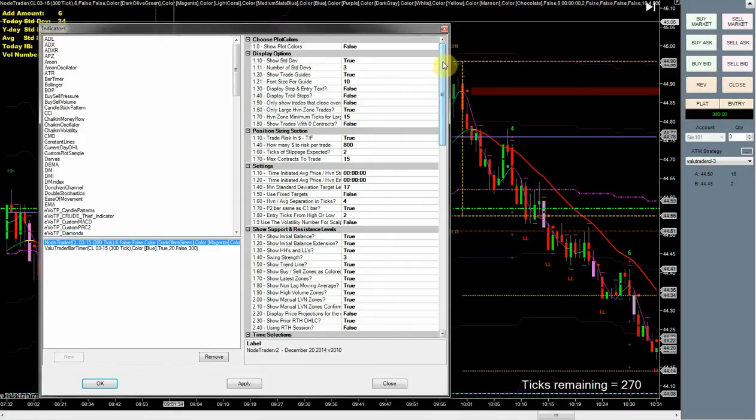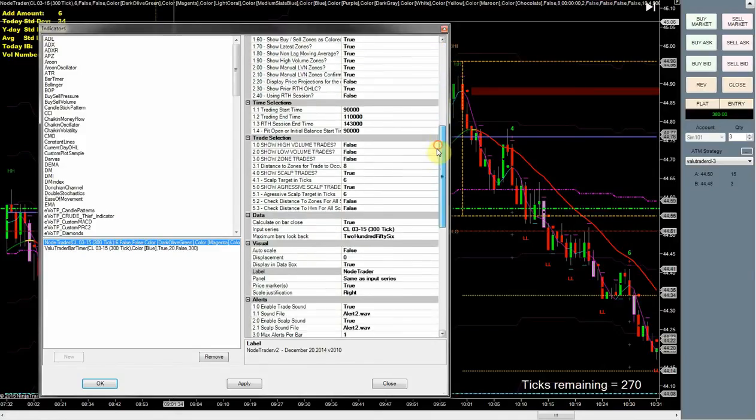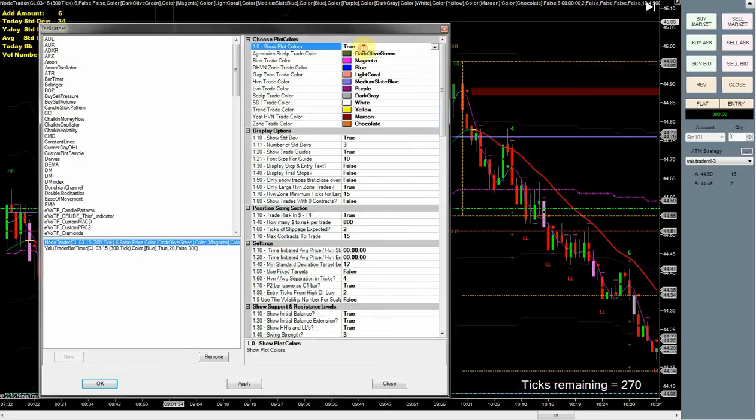All right, let's jump in here. Actually, I can show you guys the different trade types first. These are all of the different trade types. The ones I mostly take are the scalp trades. Here's an aggressive scalp trade, then the scalp trade.